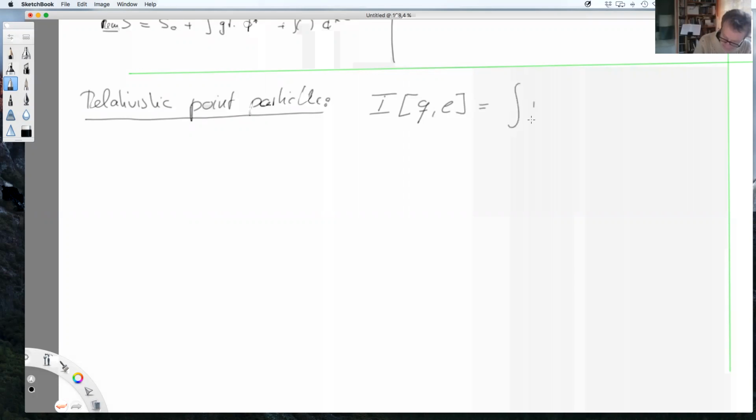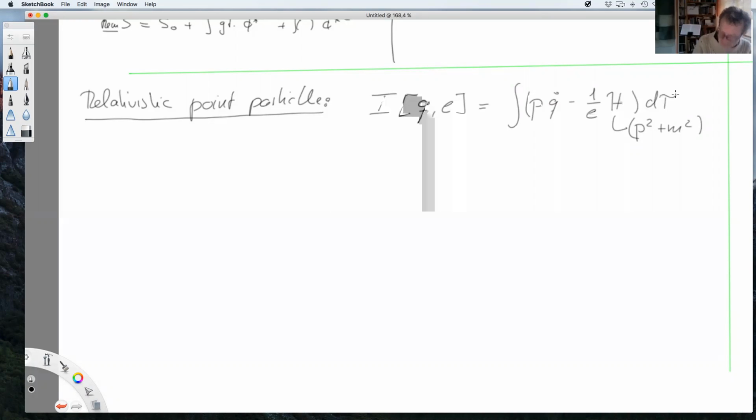I'll write it like this. It will be p q dot minus 1 over e times the Hamiltonian, where the Hamiltonian is p squared plus m squared, integrated over d tau. So tau is some parameterization.